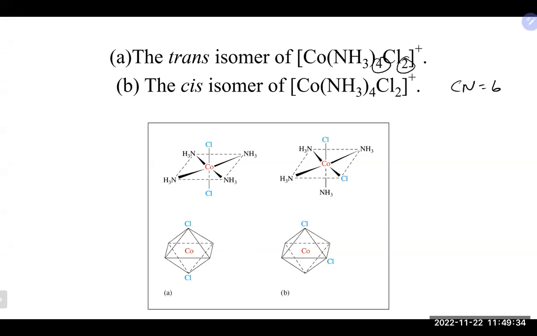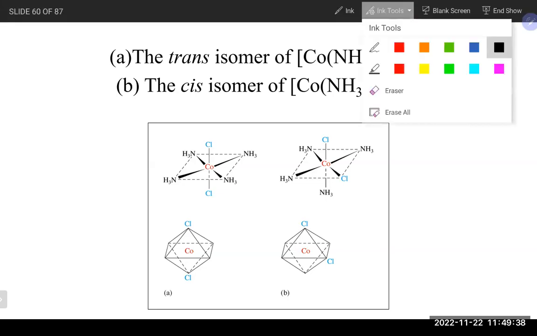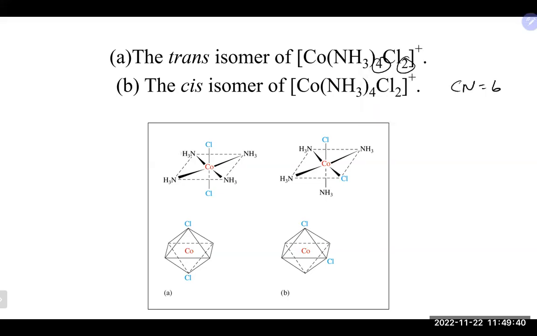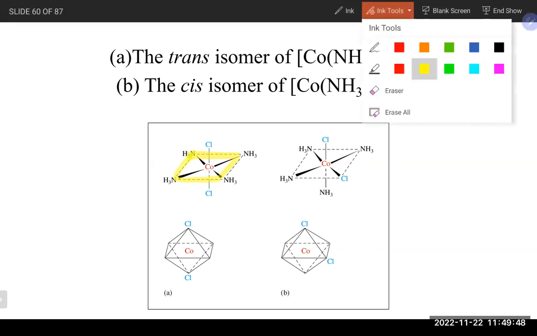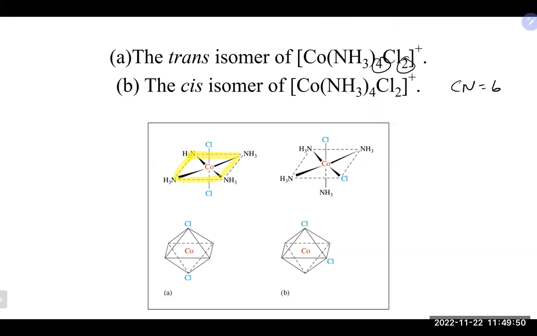Now, in this particular case, if you want to think about it, we have the plane of the molecule happening where this part is. And on the left there is our trans isomer, and we could look at the chlorines. We have a chlorine above the plane of the molecule, and we also have a chlorine below the plane of the molecule.